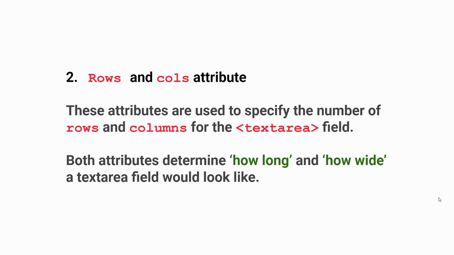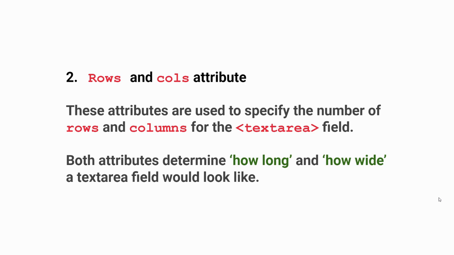The text area field is very similar to the input field, but the rows attribute and the cols attribute are used to specify how long or how wide the text area field would be.